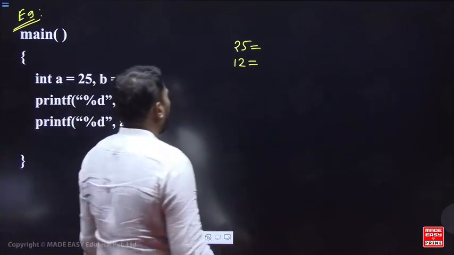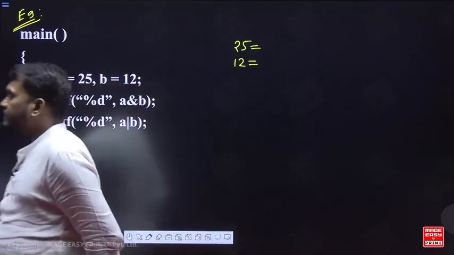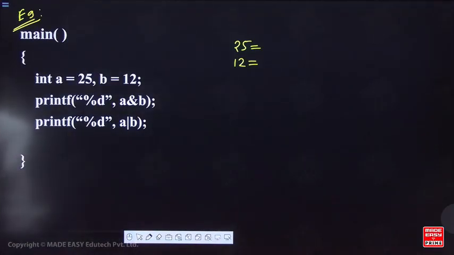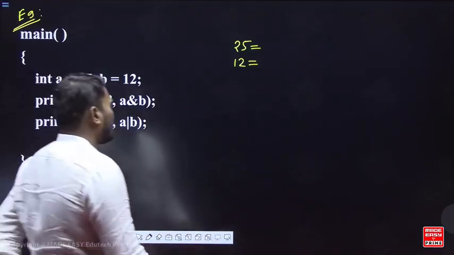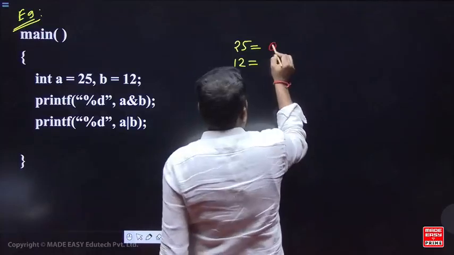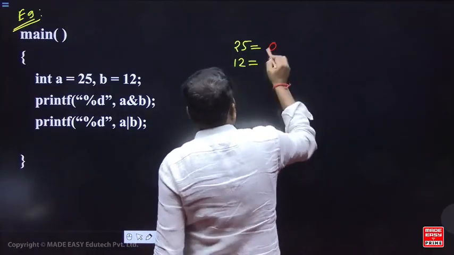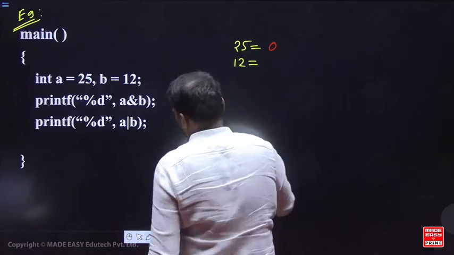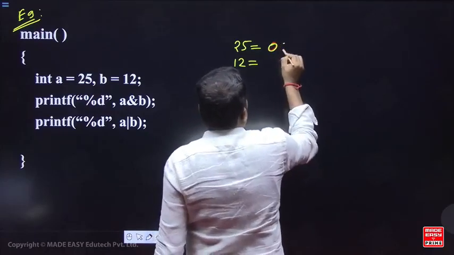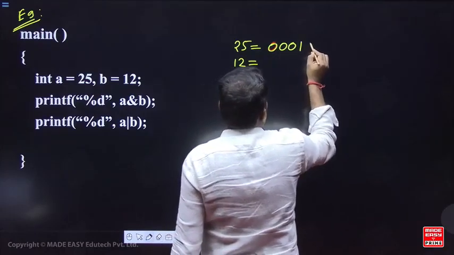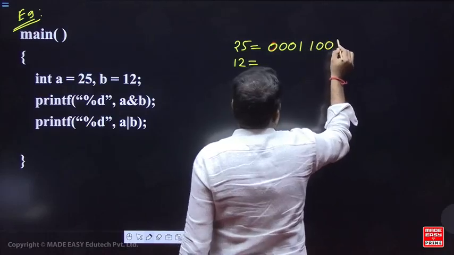So binary value of 25 is what? 11001, correct? So I am just writing in 8 bits. 00011001.